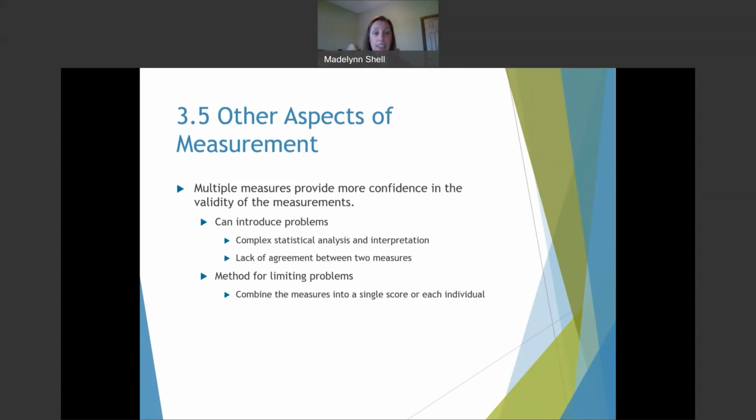Then I get a really good picture of how shy they actually are. Now, this makes things more complicated in terms of statistical analysis and interpretation. We might get a situation where kids say they're not shy, but they spend almost no time engaging with other kids. So there are certainly downsides to multiple methods too. But there are ways we can deal with this, and this can be a really powerful tool.